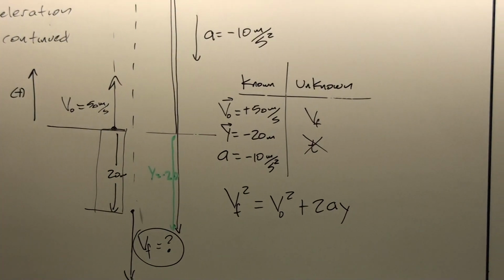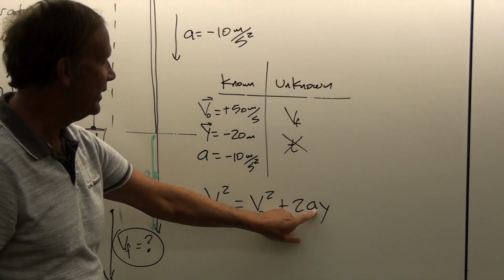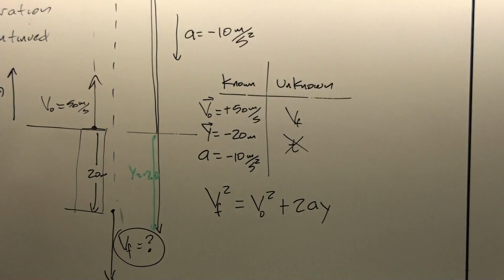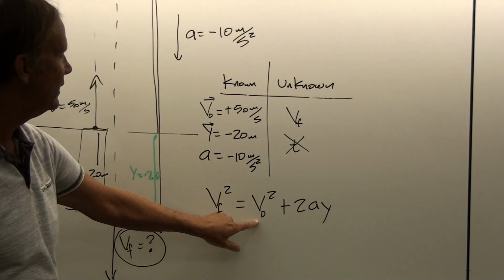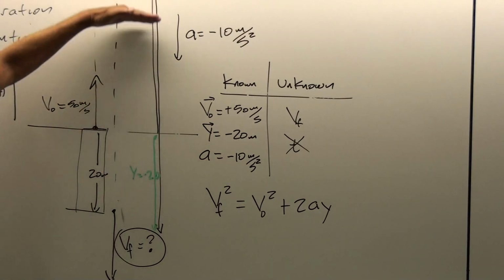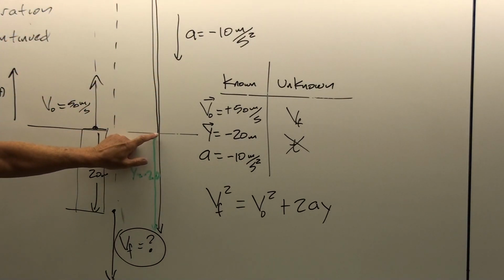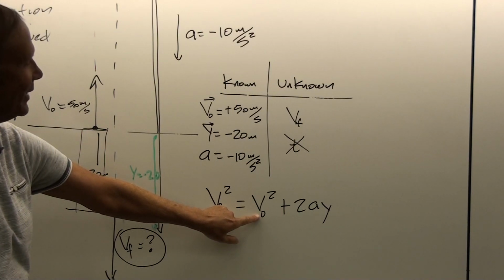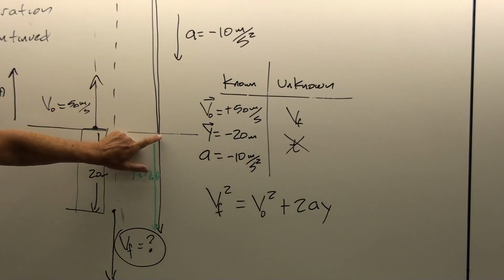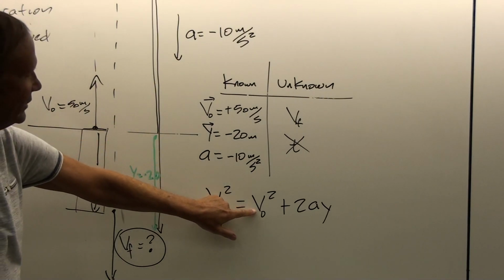Okay. And so in this problem then, the acceleration and y are negative, so that this term is going to add to v naught. Now if y were 0, we'd be to here, and we'd have v final equals v initial. That would be plus or minus, so that would be negative 50.